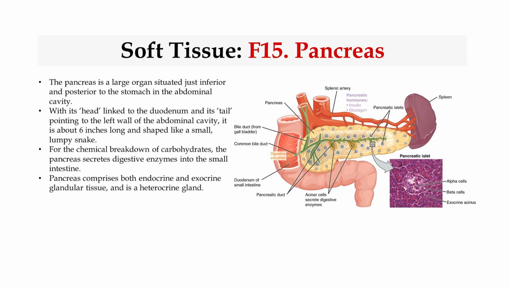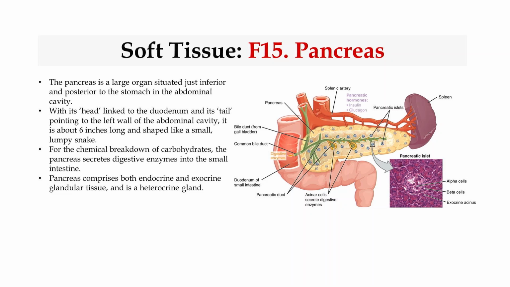Looking at the structure of the pancreas, we are seeing quite a few different components, and you can see some internal components here as well. We are looking at the common bile duct, the pancreas in between, and the spleen on the side.